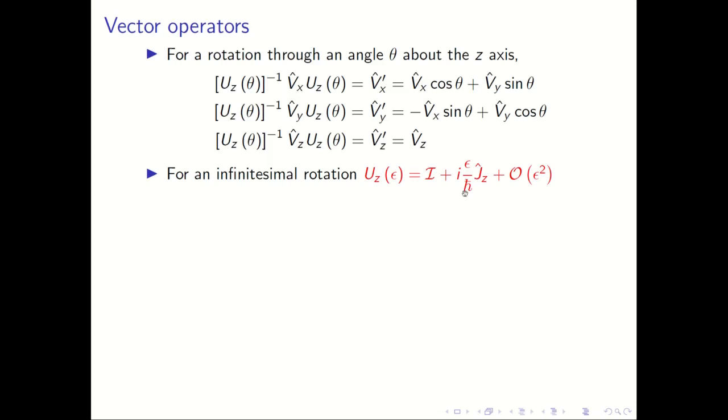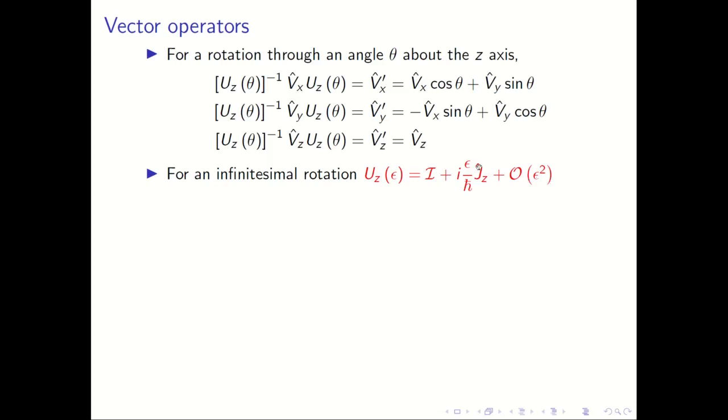It's iε/ħ times Jz, Jz being the generator of rotations about the z-axis. Notice the plus sign here is because we are discussing passive rotations. Some books will have a minus sign, because they will be discussing active rotations. Of course, all this is correct to order ε. There are order ε squared corrections to this.